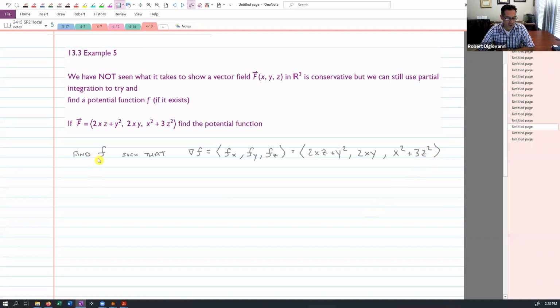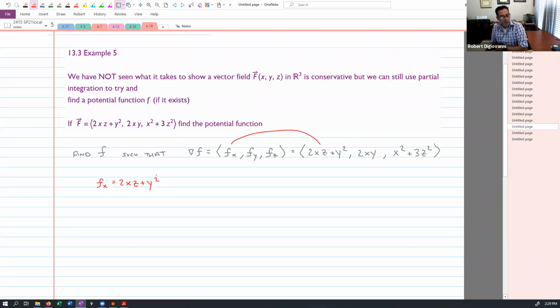So we need to find a little f such that when I take its gradient, I get a gradient vector that matches this field. And I'm going to start the way I started last time. I'm going to set those two equal to one another. So the partial of f with respect to x must be equal to 2xz plus y squared. Any questions on what I'm doing or the path I'm going down here?